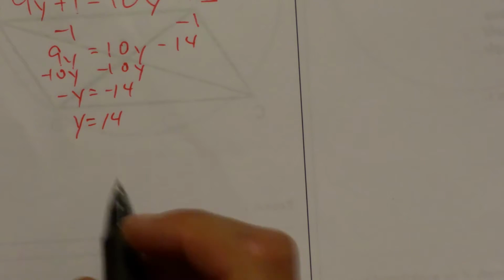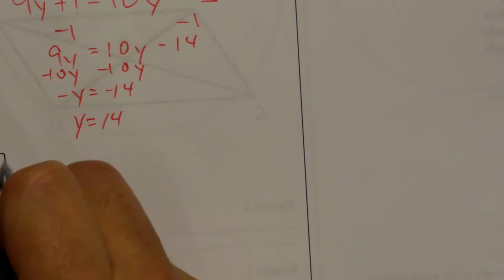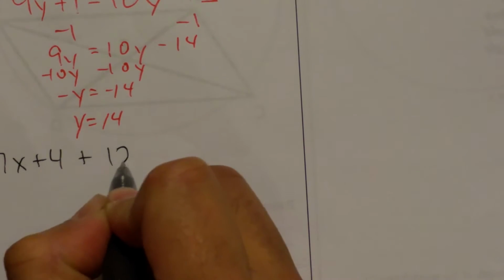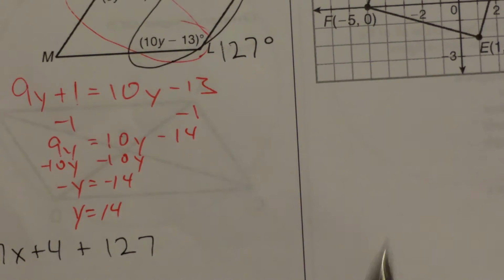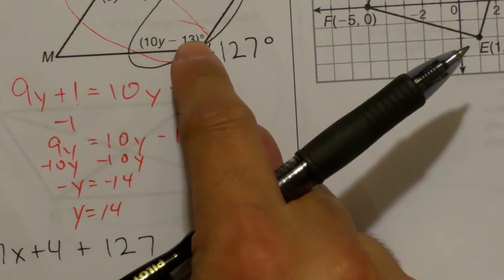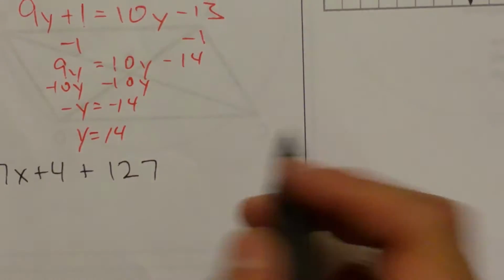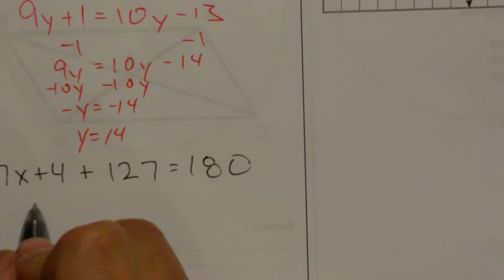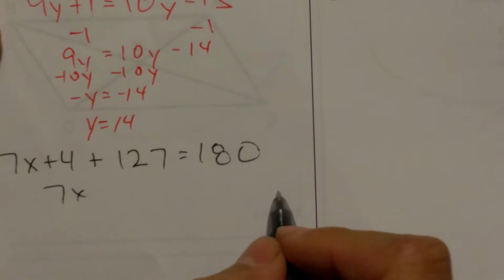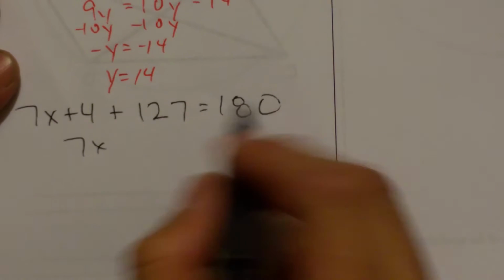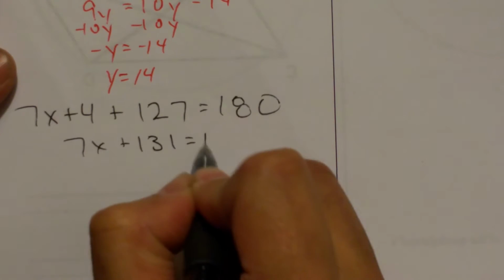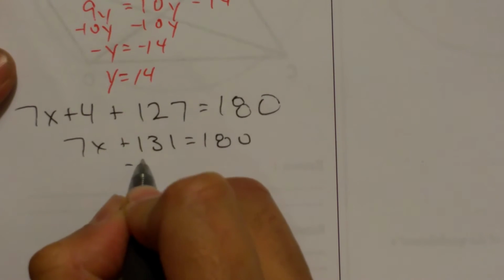And like I said, both these together have to add up to 180. So my math is going to look like this: 7x plus 4 plus 127, because I'm not going to plug this in, since I don't want two different variables. Both these angles together have to add up to 180. So 7x plus 131 equals 180, minus 131.